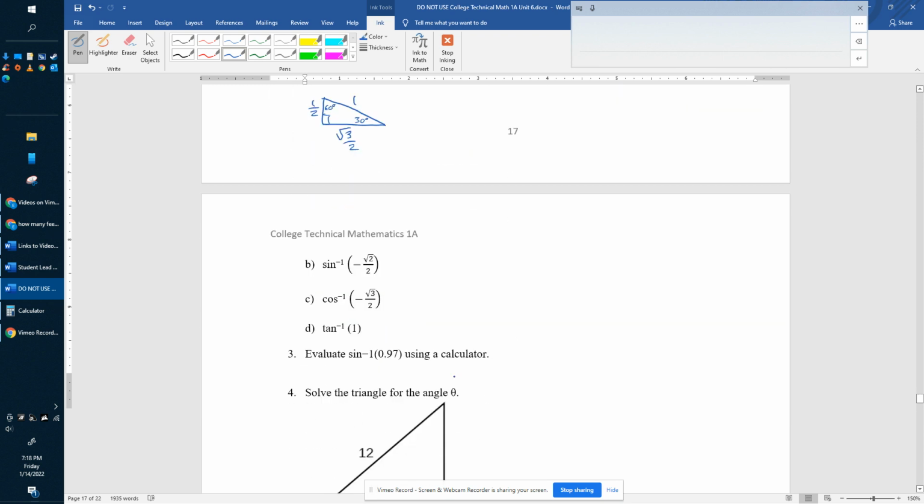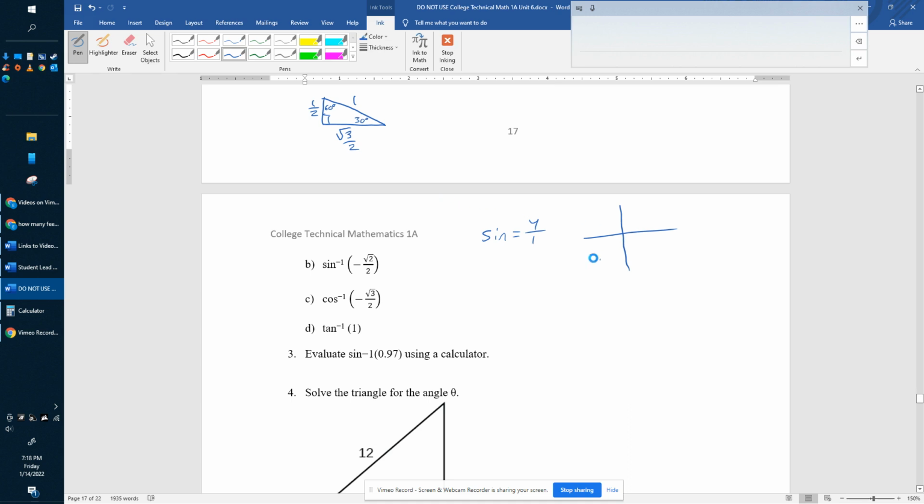How about the negative square root of 2 over 2? So we know that sine equals y over 1. So our y value has to be negative. So on the coordinate plane, when we're trying to figure this out, it has square root of 2 over 2. That leads me to believe it's some sort of 45-degree angle.